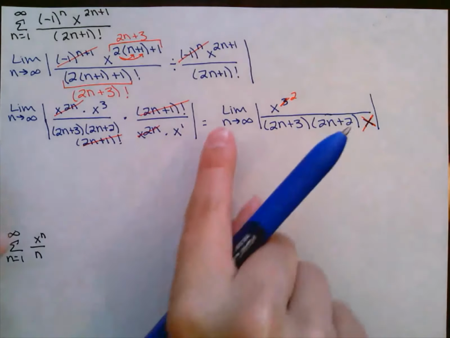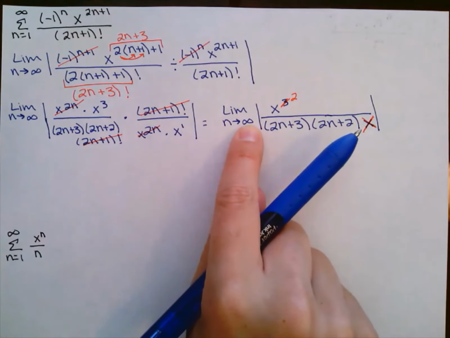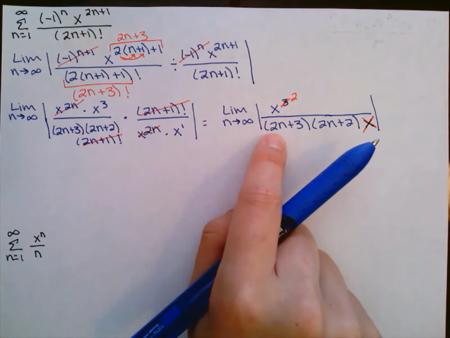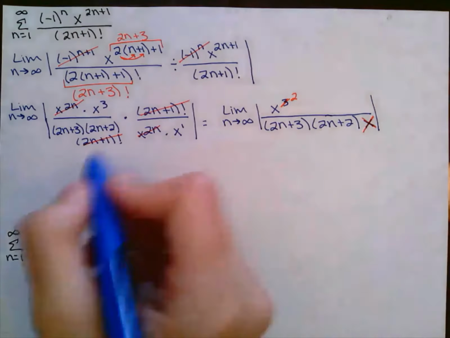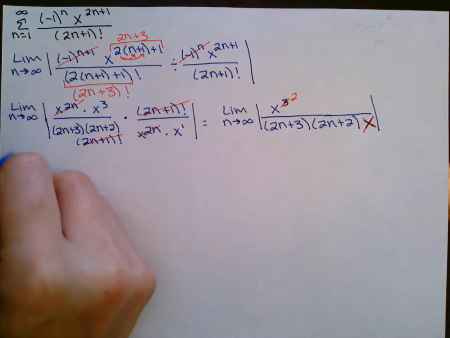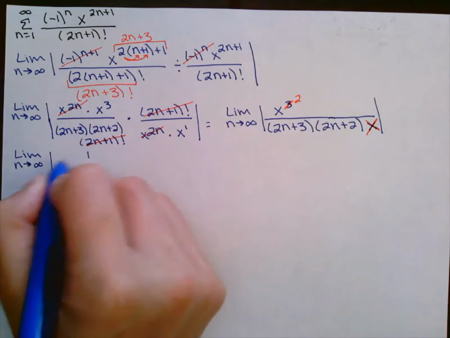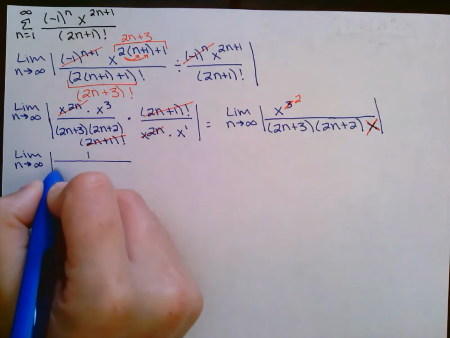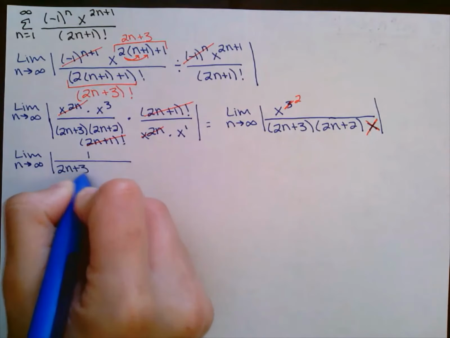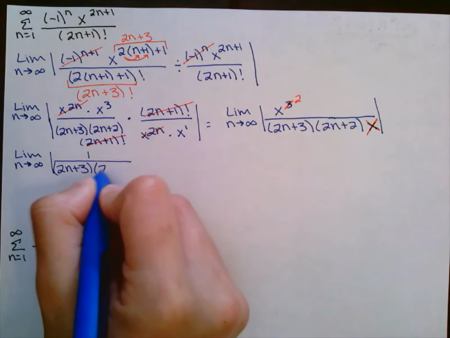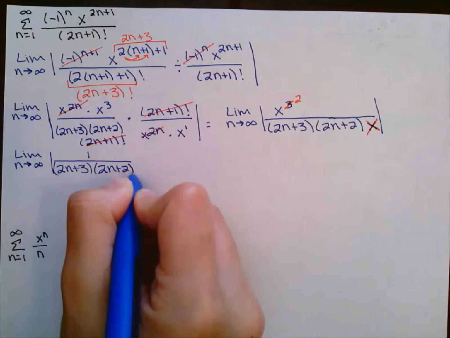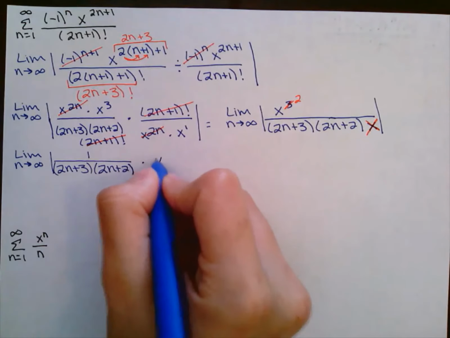Now, when I plug in my infinity, this is going to be bottom heavy, all right? So if you want to, I'm going to rewrite it one more time just so you can see. I'm going to call this 1 over 2n plus 3 times 2n plus 2 times x squared.